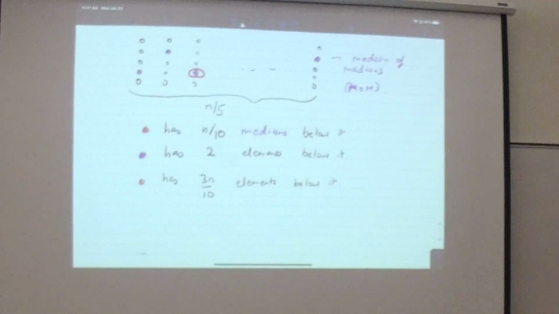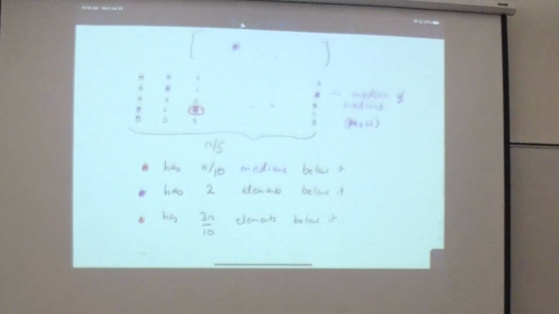When you say the purple thing has 2 elements below it, you mean in a group of 5? In a group of 5. That's right. Each group of 5, by definition, I chose the median, so it has 2 things below it. Can you go back and explain the n divided by 10 medians below it?